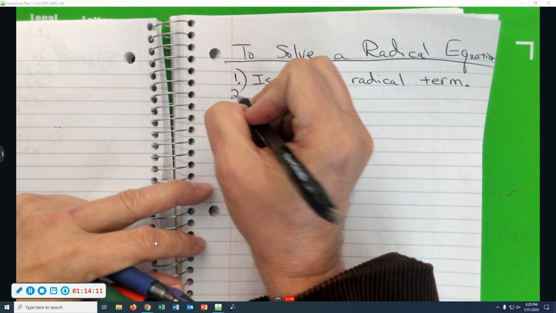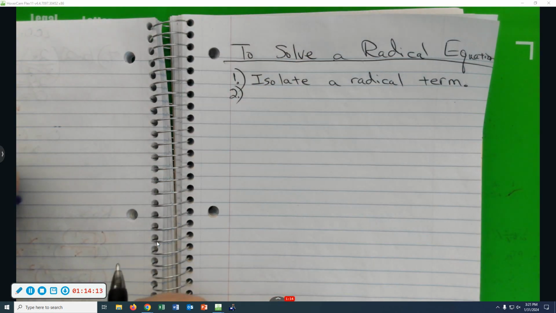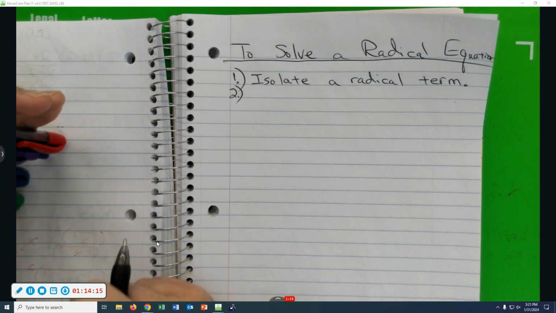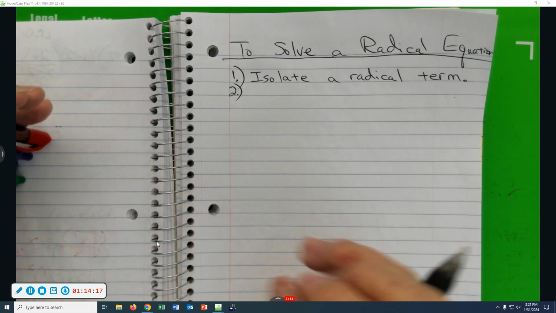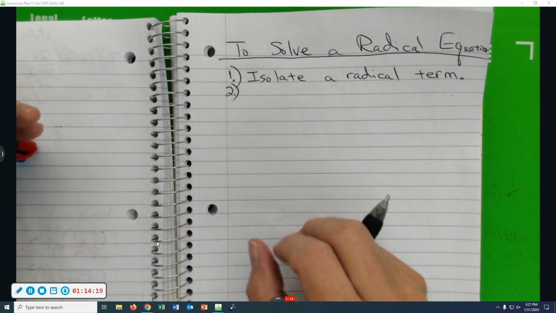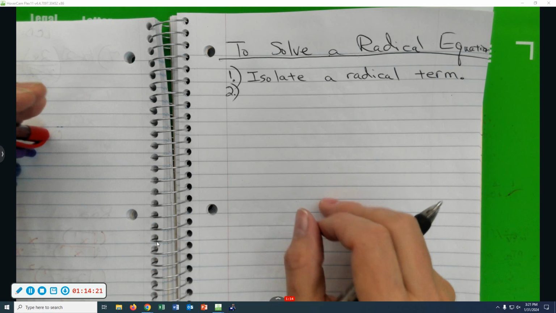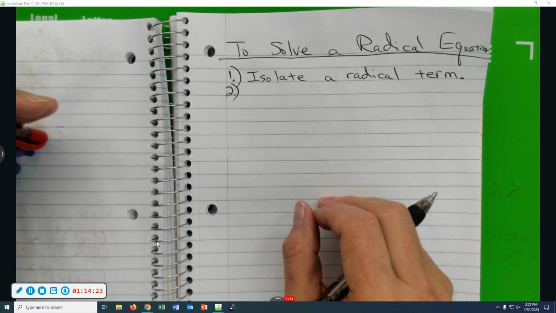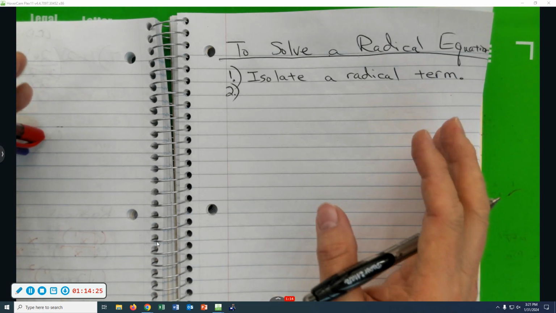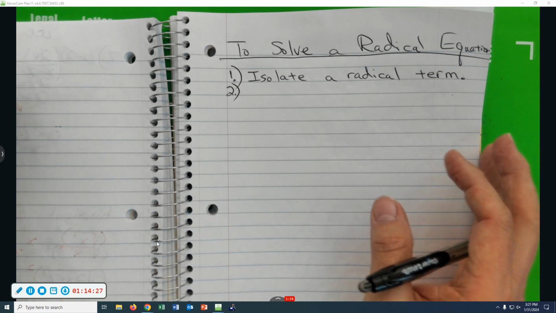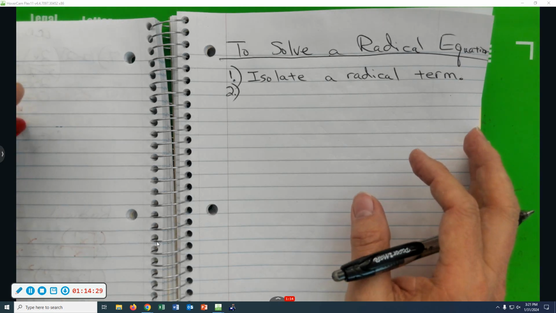And then you'll raise both sides of the equation to the power of the index. If it's a square root, you're going to have to square both sides. If it's a cube root, you're going to have to cube both sides. If it's a fourth root, you're going to have to raise both sides to the fourth power.